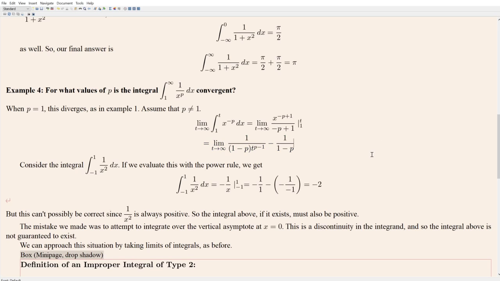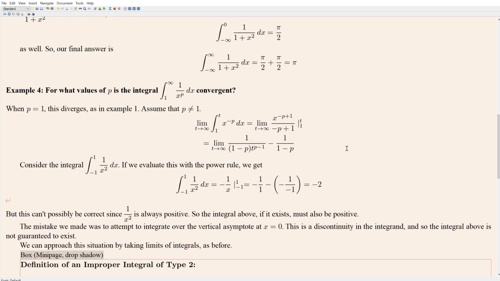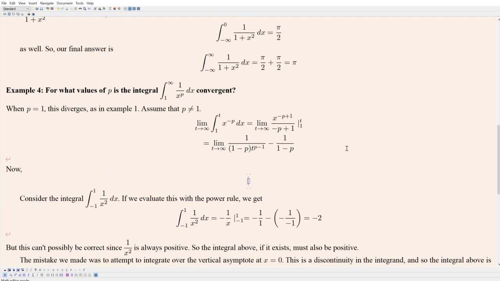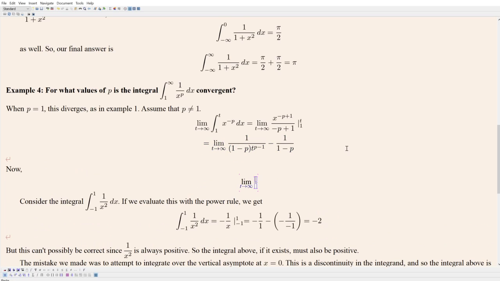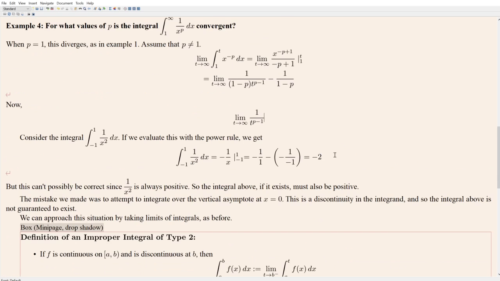Okay. So now, as t goes to infinity, really the only question is what happens to this thing? What happens to t to the p minus 1? Well, if this on the bottom goes to infinity, then this whole thing is going to go to 0.